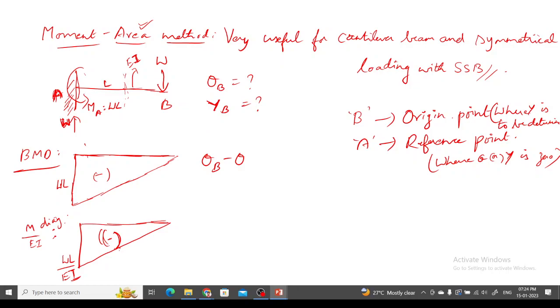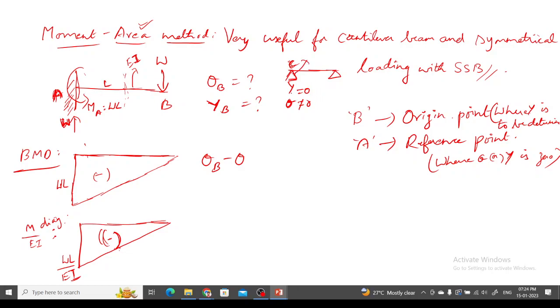For example, you want to calculate only the deflection, and you know at some point, for example, in a simply supported beam, y is actually 0, whereas theta is not equal to 0 at this point. Let's name this point as point C. In this case, I want to calculate only the deflection value, so I can take C as the reference point.